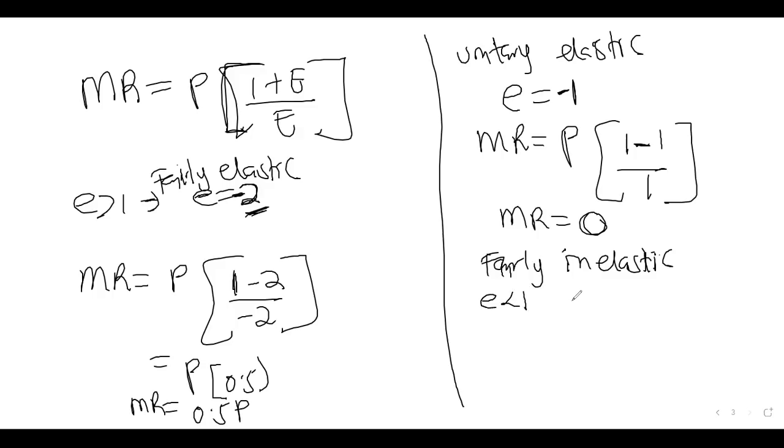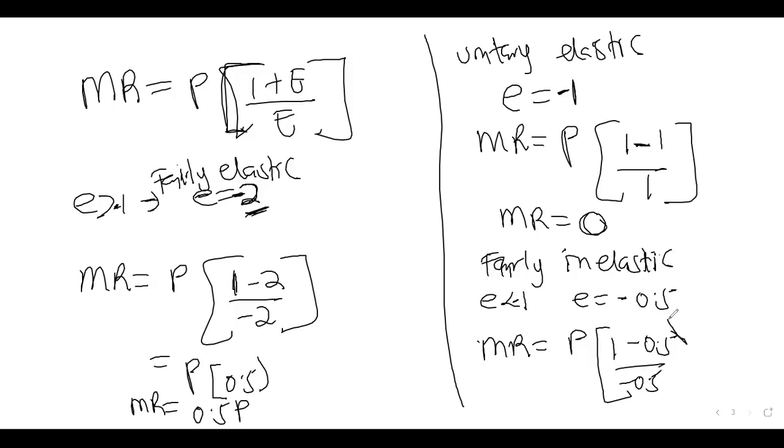So let's maybe choose -0.5. So the MR will be equal to P into bracket 1 minus 0.5 all over -0.5. So we get MR to be equal to P into bracket -1.